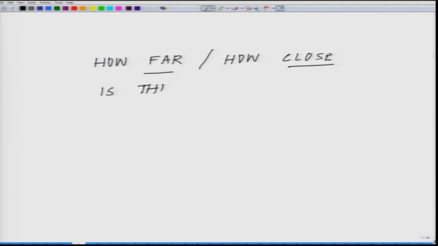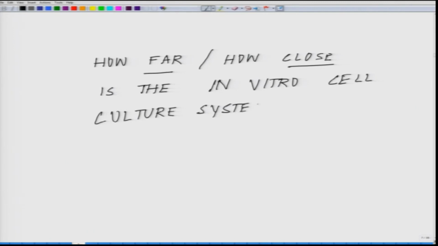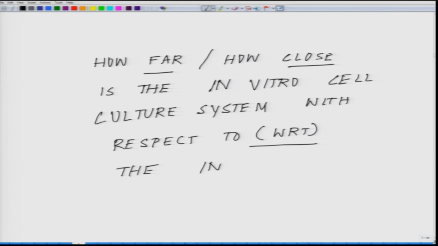One thing you have to realize, the fundamental question you have to ask: how far, or how close, is the in vitro cell culture system with respect to the in vivo condition.